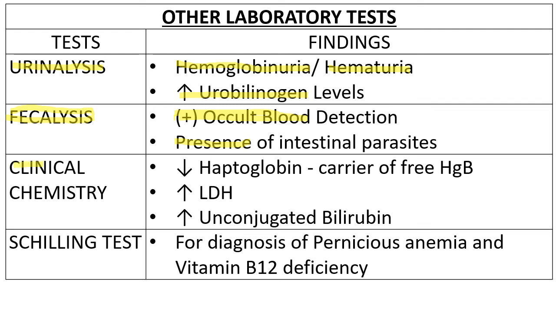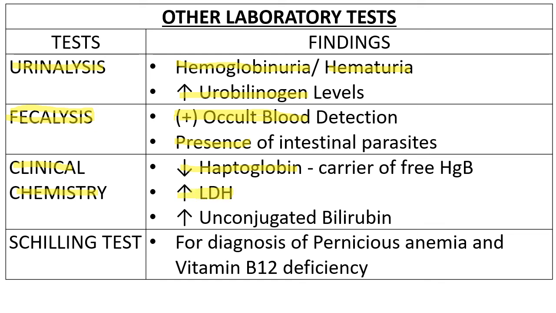Sa CC, anong pwede nating ma-appreciate sa serum studies? You can investigate further for the presence of intravascular hemolysis through the decreased levels of haptoglobin. Recall lang natin, haptoglobin is the transport protein for the free hemoglobin. Okay? Increased LDH.